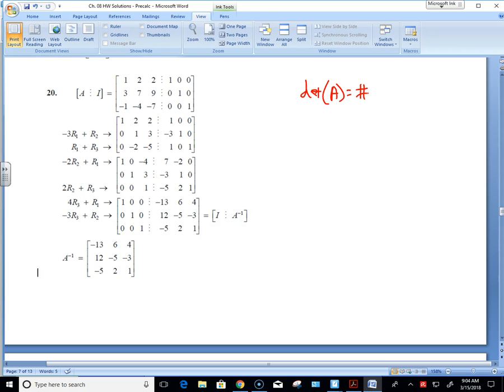Okay. So if you did the main, 1, 7, negative 7, that would be negative 49. And then if you did the next one, it would be 2 times 9 times negative 1, so that'd be negative 18. And if you did the next one, that'd be 2 times 3 times negative 4, that'd be negative 24. Minus the opposites. You would have 2 times 3 times negative 7, negative 42.